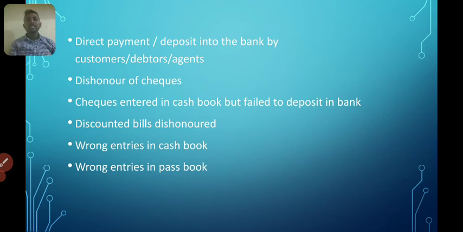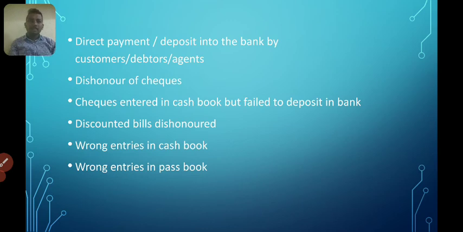Whenever a check comes to the bank, they usually enter the amount in the passbook of the concerned customer, but the information is not sent to the trader or the businessman immediately. They will tell him later. Until the trader knows the information, he will not enter the amount in the cash book.